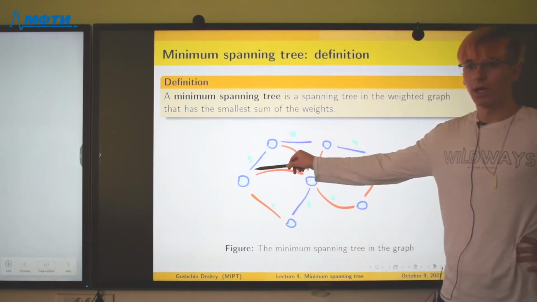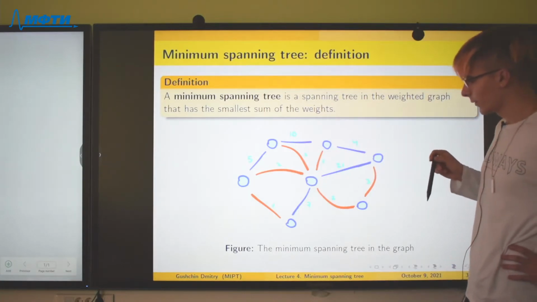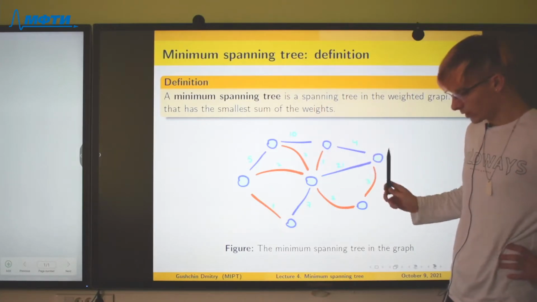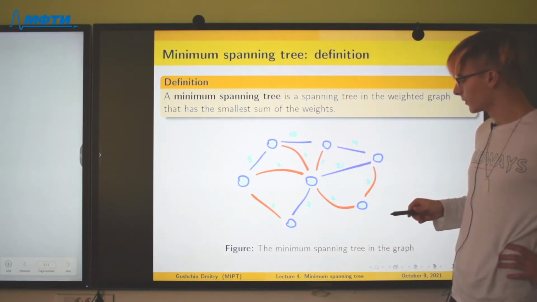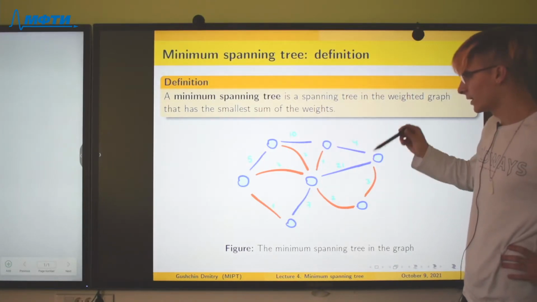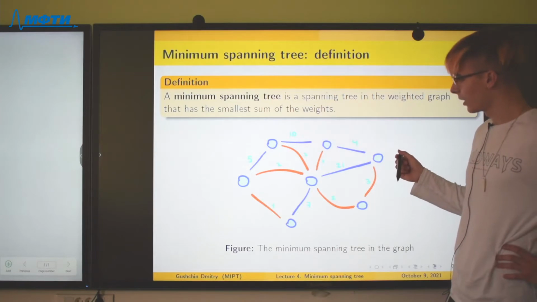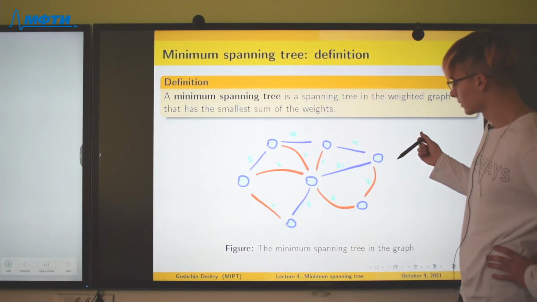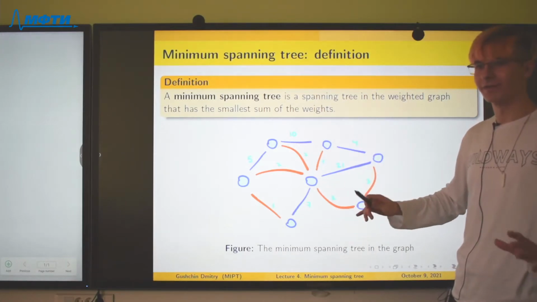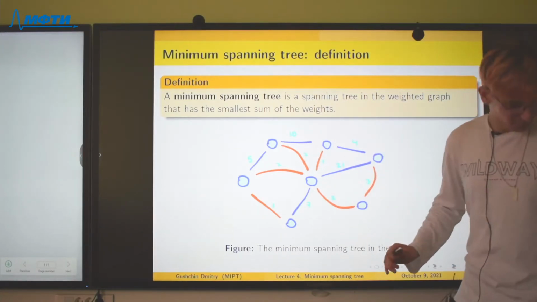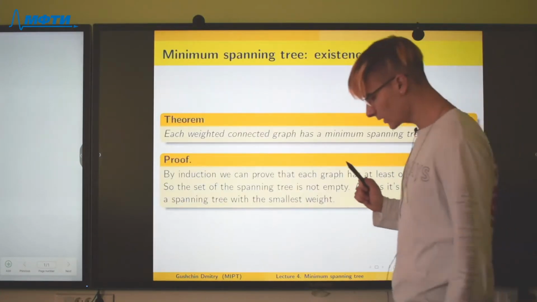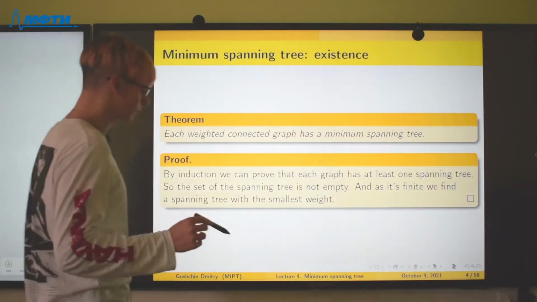And then we say that if, for example, edge E has minimum weight, then there exist some minimal spanning trees that contain this edge.